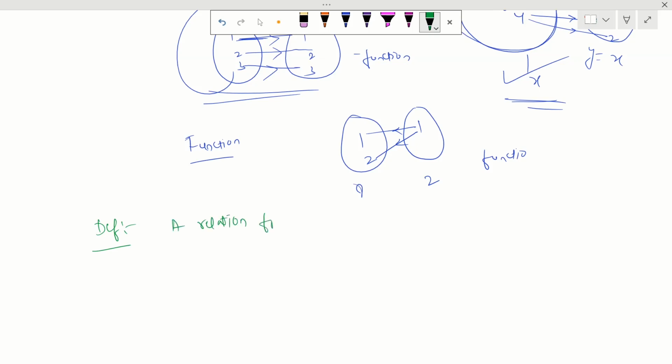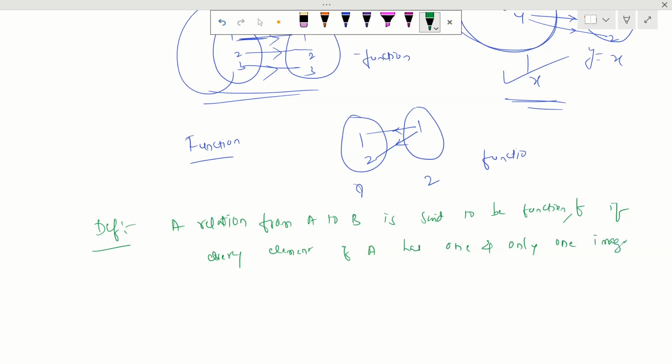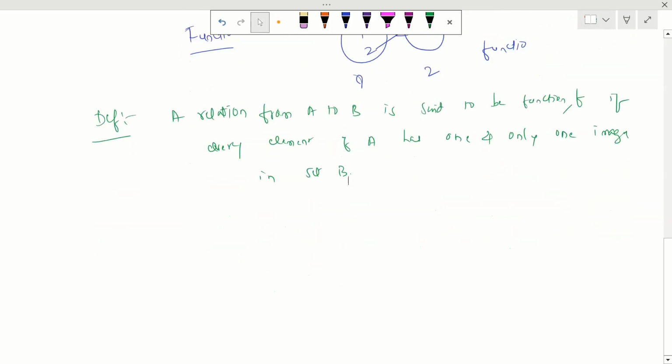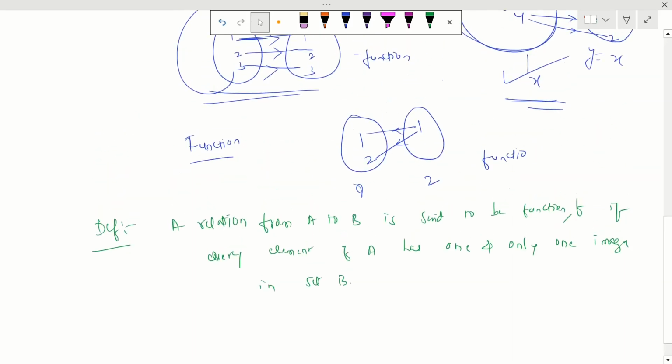A relation from set A to B is said to be a function, denoted by small f, if every element of set A has one and only one image in set B. Now you understood this definition, right? So it has only one relation from the first set to the set B.